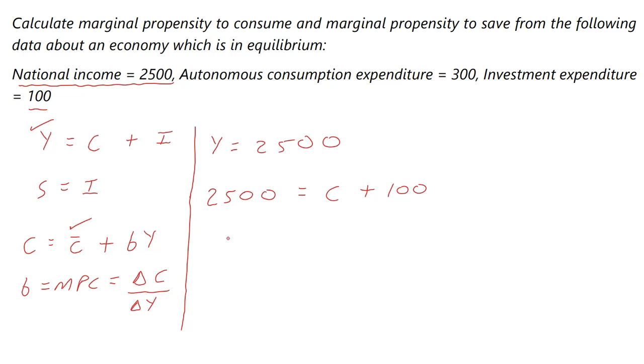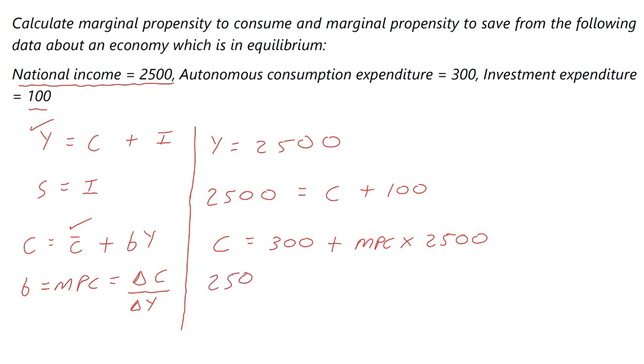Then consumption itself, I do not know what its value is, but I know that autonomous consumption expenditure is 300, plus the MPC into Y, which is 2500. Now, I'm going to substitute the value of consumption expenditure in this equation, and then we can solve for MPC.